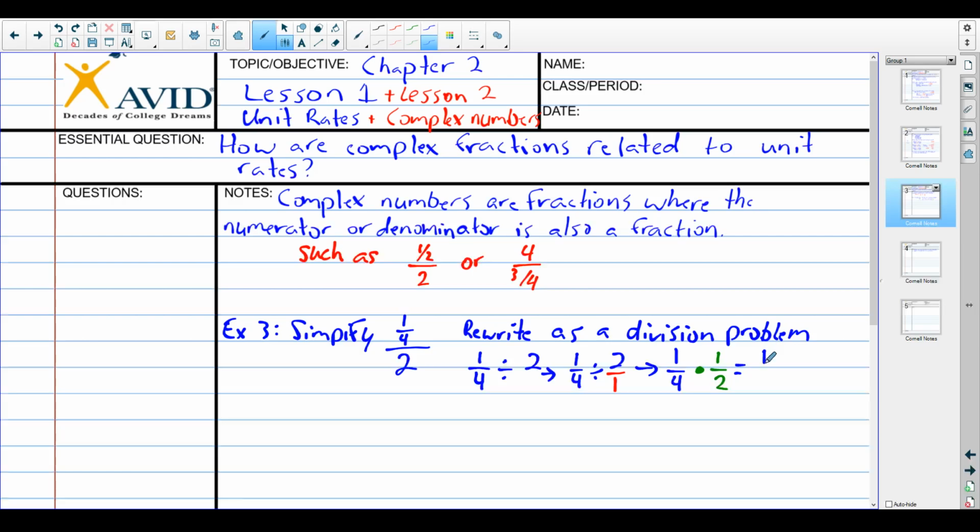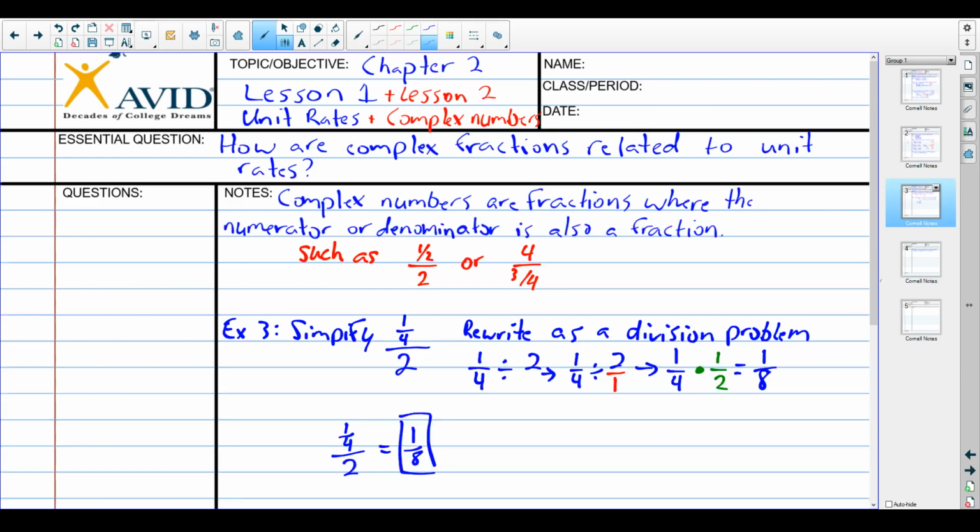So 1 times 1 is 1, 4 times 2 is 8. So after all that, we get 1/4 divided by 2 equals 1/8. And that's our final answer. So as bad as this looks, it's not so bad, right? It's just a matter of rewriting and then doing stuff we already know how to do. Okay?